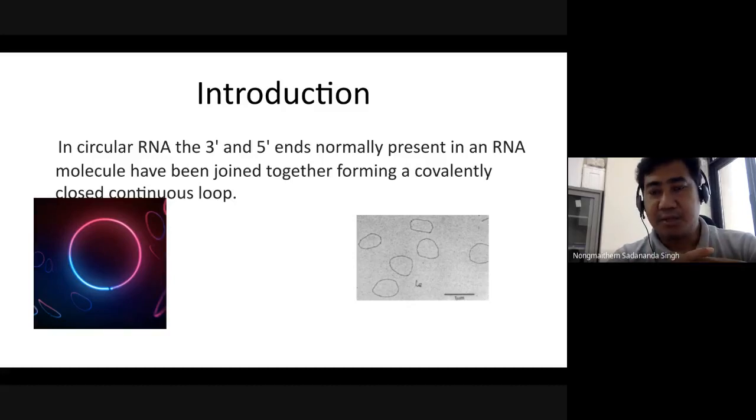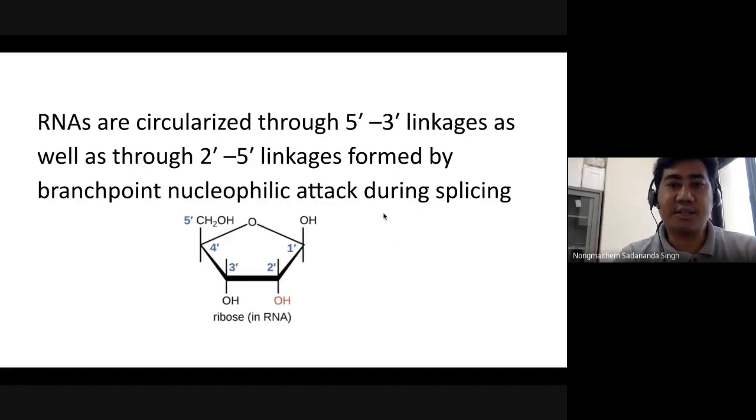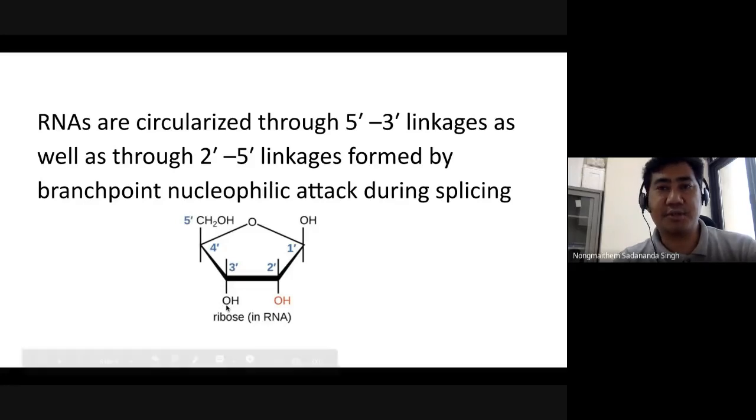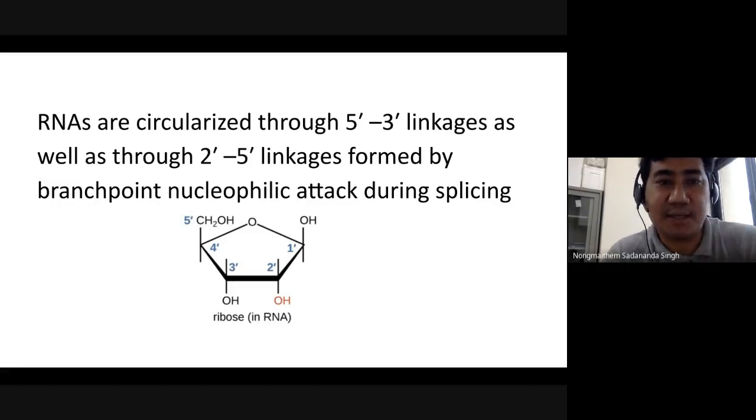Generally, the circularization process again has to be a phosphodiester bond formation. In the general scenario, the linkage between nucleotides is a 5' to 3' phosphodiester bond, correct? So the 5' phosphate is linked to the 3' OH to generate the phosphodiester bond linkage, and you form the linear polymer of nucleotides which yields RNAs, and it is the same in the case of DNA.